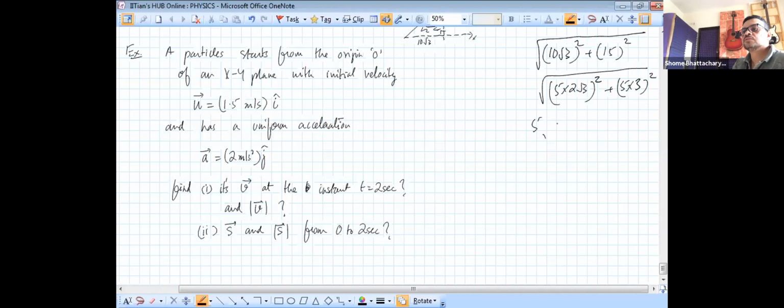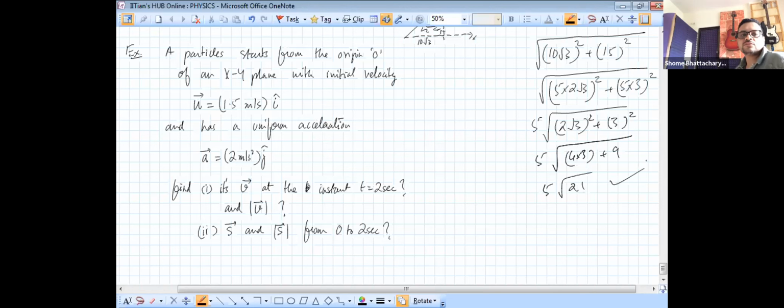So this became 2√3 whole square plus 3 square. So that became 4 into 3 plus 9. So that became 20. So this is how the calculation was made. So Vanchika, hope the calculation is clear.